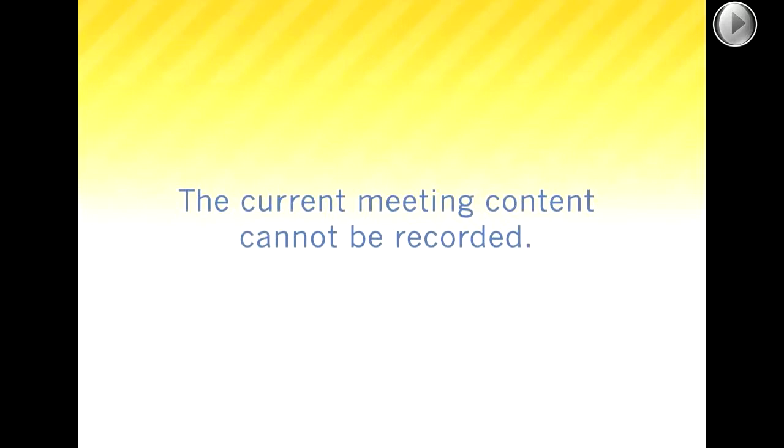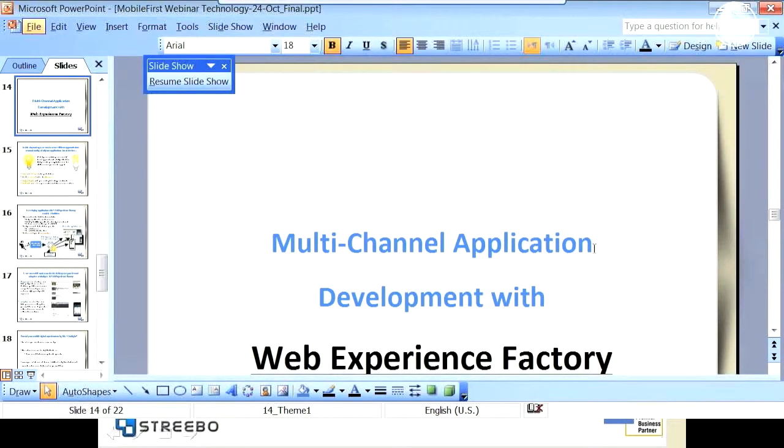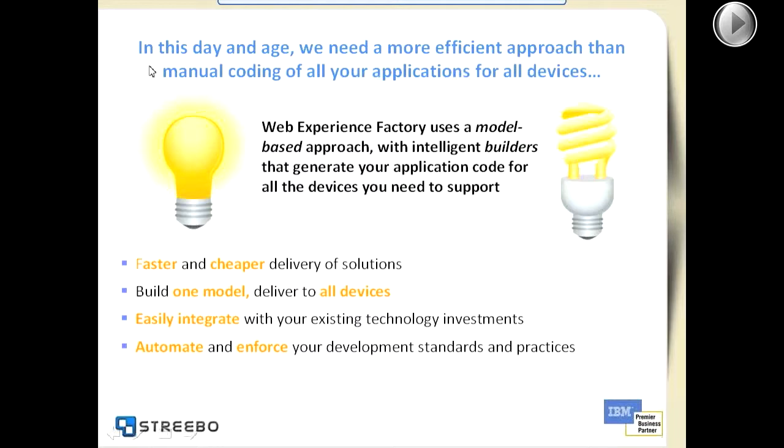So let me start by talking about some of the challenges that Usman was talking about, delivering your applications to the full range of smart devices that you have out there. This is quite a challenge for development teams, and given all these challenges, we think that you need a better approach than hand coding all of your applications and all the variations that you need, for example, for all your different devices.